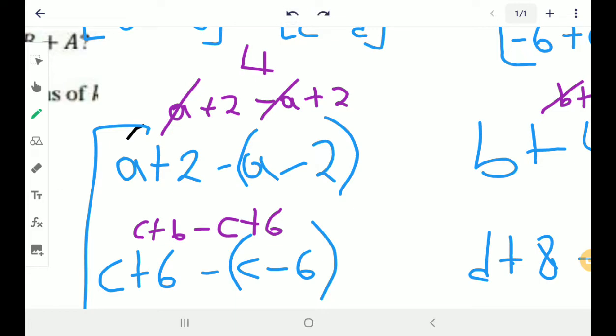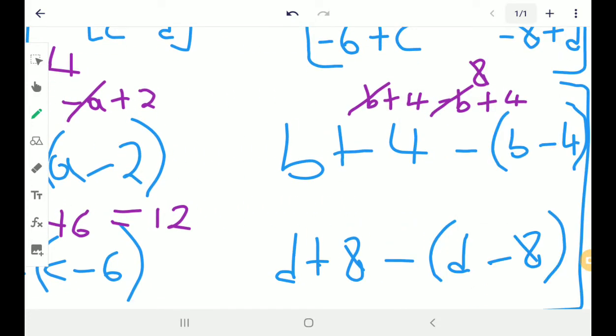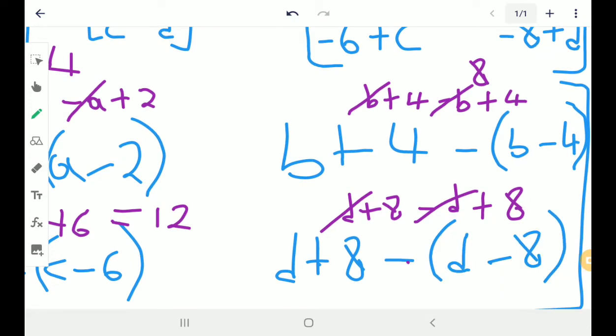So we're left with as our result here 6 plus 6, 12. And here this would be D plus 8 minus D, because negative times D gives us a negative D, and negative times a negative gives you a positive, so that will be plus 8. So when you subtract these D's, you end up with 8 plus 8, which is 16.